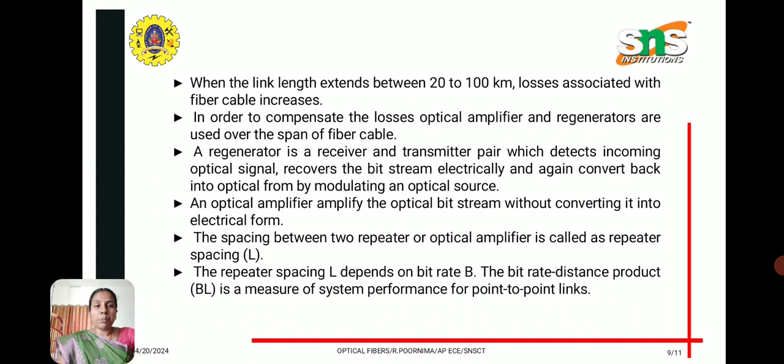The optical amplifier amplifies the optical bit stream without converting it to electrical form. The spacing between two repeaters or optical amplifiers is called the repeater spacing. This spacing depends on the bit rate. The bit rate distance product is the measure of system performance for point-to-point links.